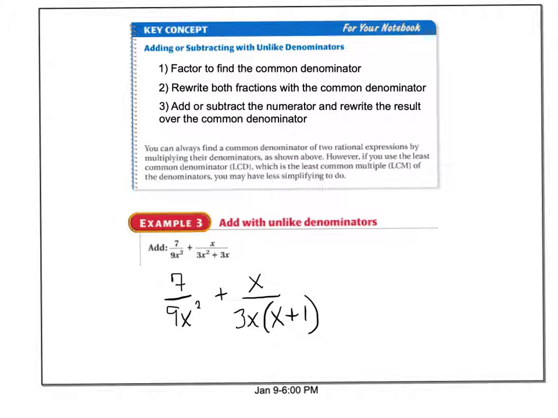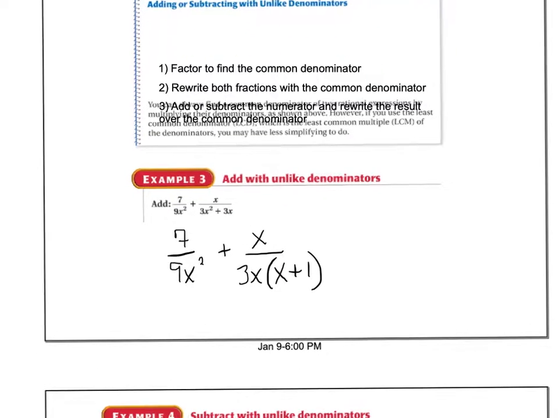Now we just need to clean up our numerators. My first job is going to be to multiply the numerator. When I take x plus 1 times that 7, it's going to become a distribution problem. And you will end up with 7x plus 1 when you multiply that.